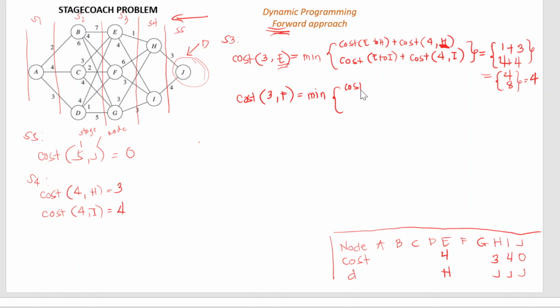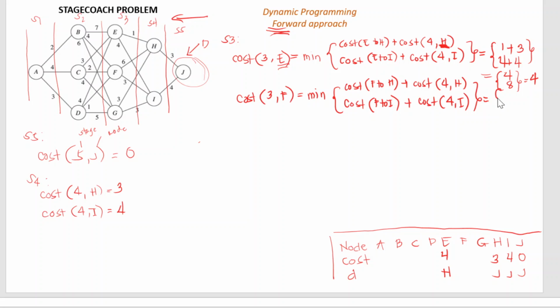So, therefore, we have to get cost of F to H plus cost of 4H. Then consider also the cost of F to I plus cost of 4I.